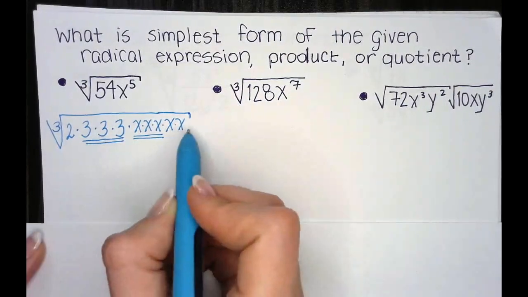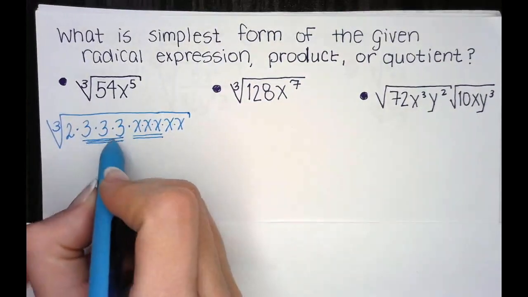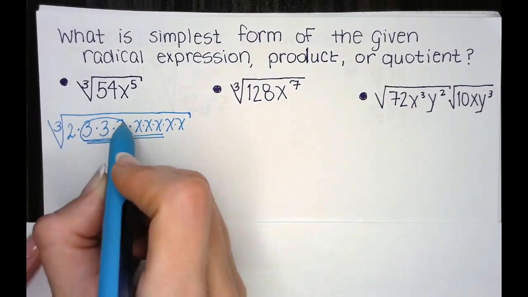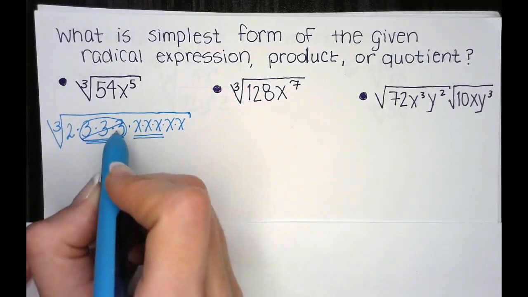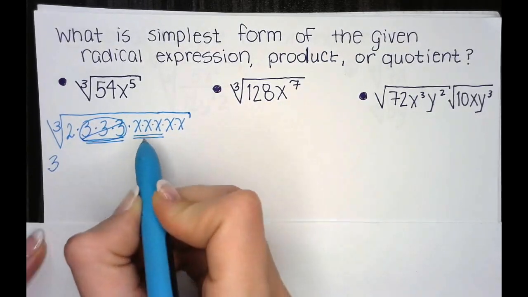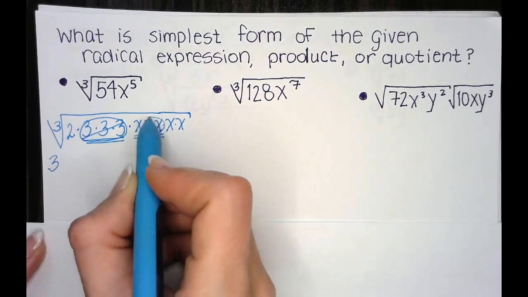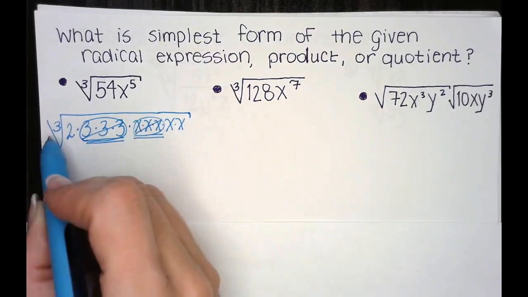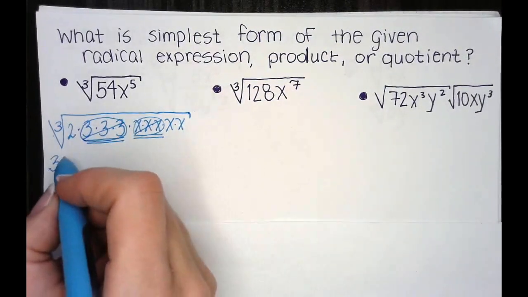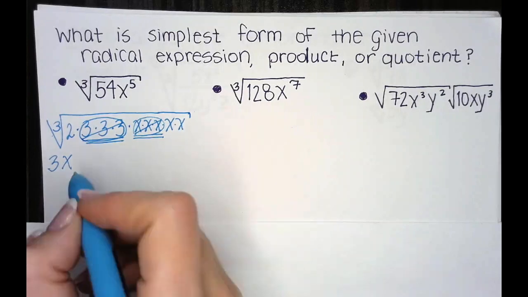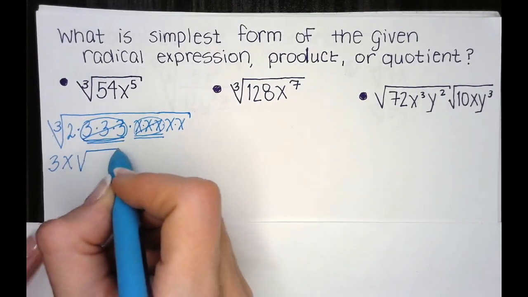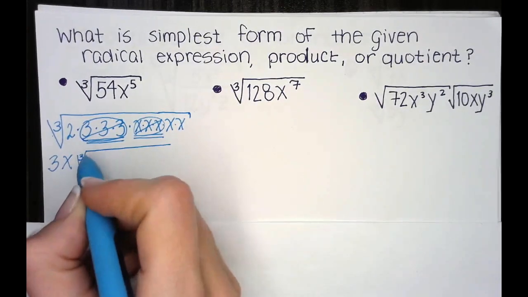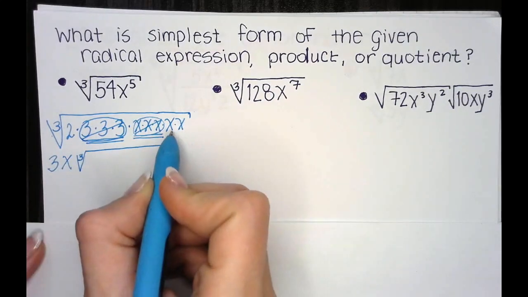I know 2, x, and x is 3 things, but it's not 3 of the same thing. This is really 3 to the 3rd power, and what is the cube root of 3 to the 3rd power? 3. This is really x to the 3rd power, and that's an x to the 2nd. What's the cube root of x to the 3rd power? Just x. Here I'm left with the cube root of 2x squared.